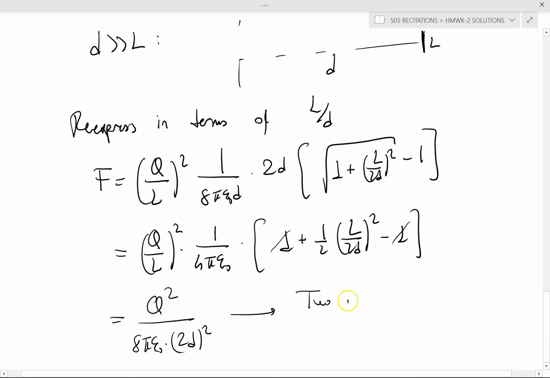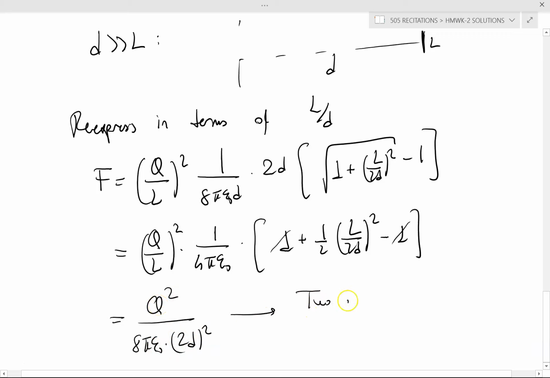By the way, then it needs to be 4 over here. It should be 4. But why I then ended up with 8, I couldn't figure out for the moment. It should be 4. 1 plus 1 over 2 L over 2D square. Let me quickly check.